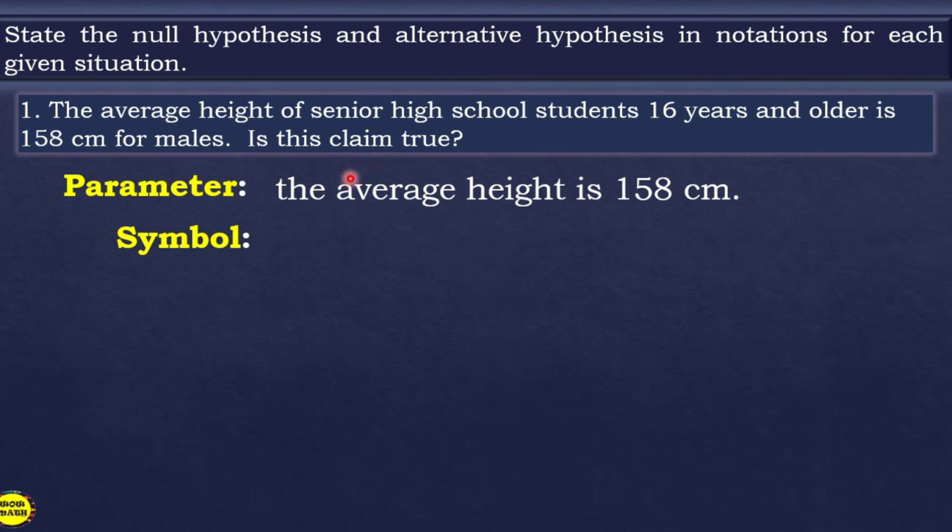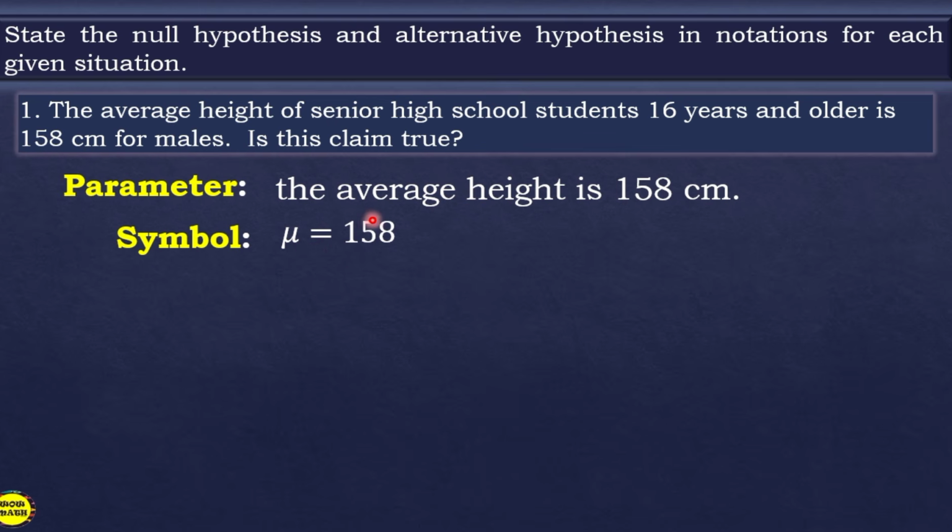So, therefore, kapag translate natin into symbol yung parameter natin, since nandito yung, okay, nakita nyo yung word na is, so, ang gagamitin nating symbol or sign is yung equal sign. So, kapag translate natin, yung the average height of senior high school student is 158 centimeters, so equal sign yung gagamitin natin.